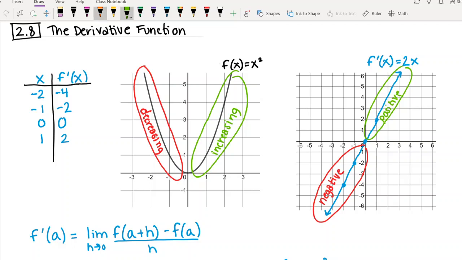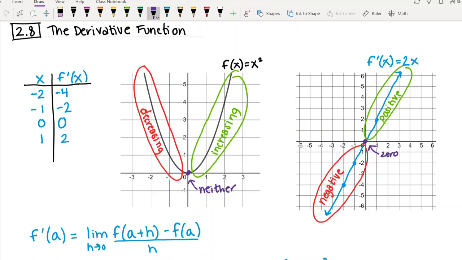And then if you look at what's going on at 0, it's neither increasing nor decreasing, right? It's just kind of flat. And so the point on the derivative function where it is neither increasing nor decreasing, it's not positive, it's not negative, it's actually equal to 0.